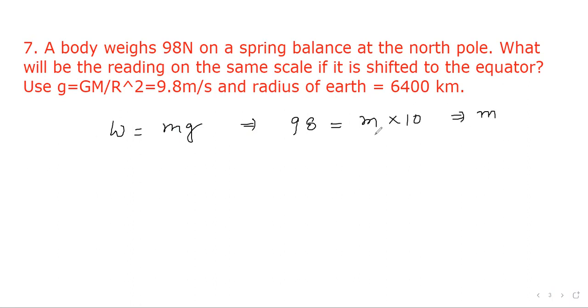Let's take m from 9.8, but it is better to take the value of g as 9.8 here because it is mentioned. So 98 divided by 9.8 will give m as 10 kg.